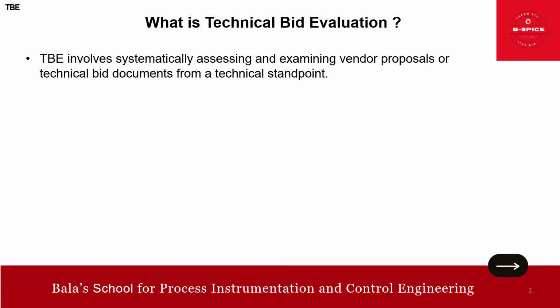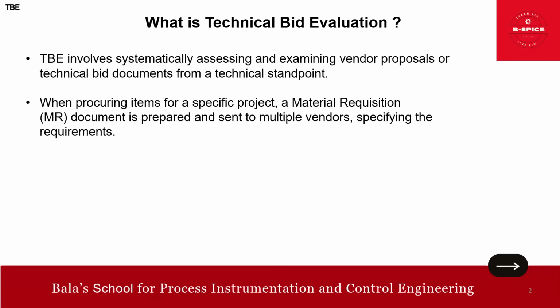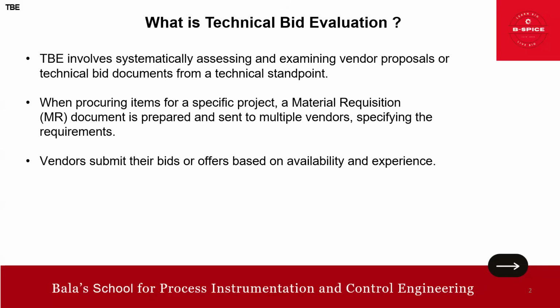When procuring items for a specific project, a material requisition, MR document, is prepared and sent to multiple vendors, specifying our requirements. I hope you know what the MR is and the specification document we are supposed to attach.